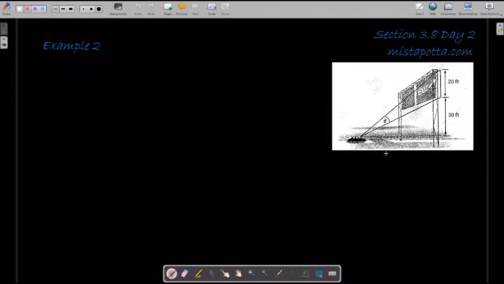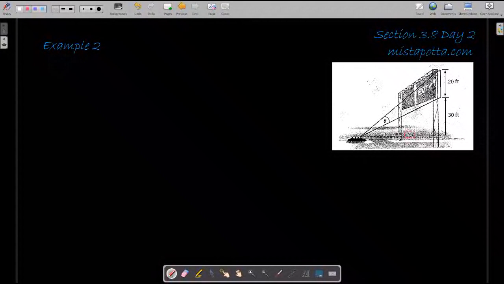But if my vehicle is very, very close, this height is going to be a very steep height, and so I'm not going to see very much difference between the top and bottom of the sign.